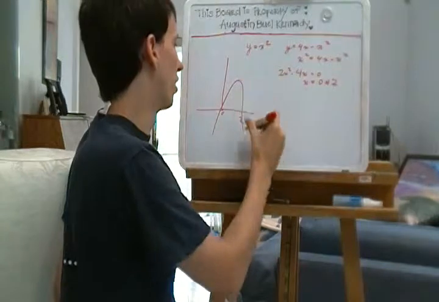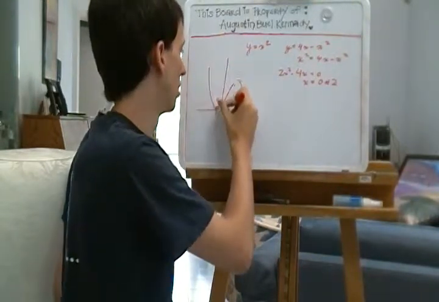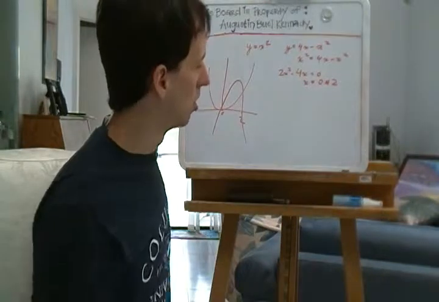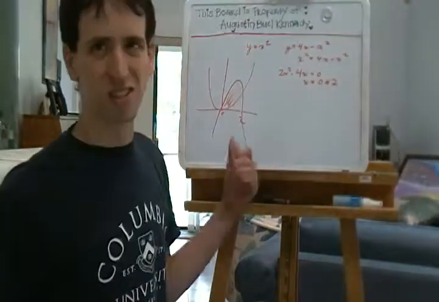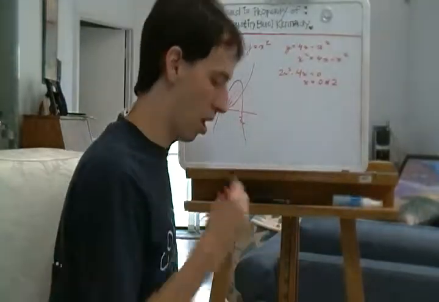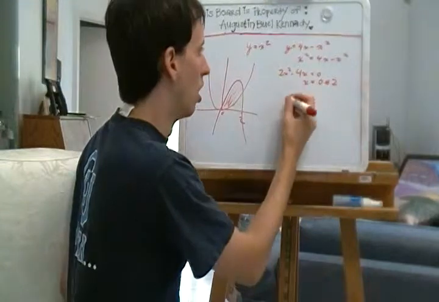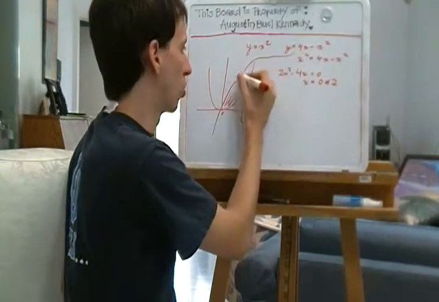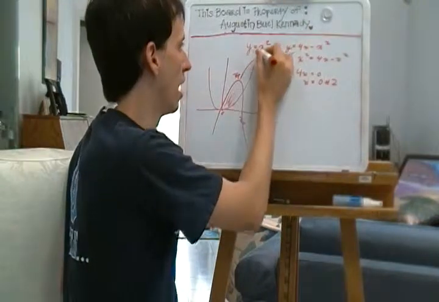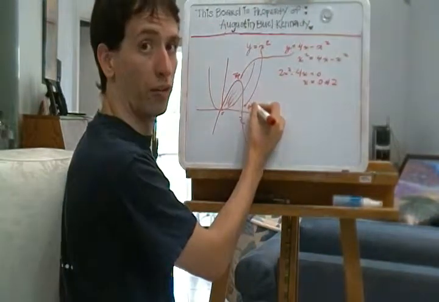I don't really know what they're going to look like, but it's basically going to look like this. So we want to find the area in there. It's going to look something kind of like that. So, what that means is that 4x minus x squared is on top, and x squared is on the bottom throughout the whole interval.